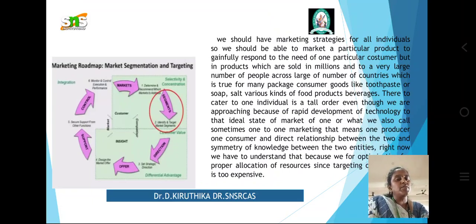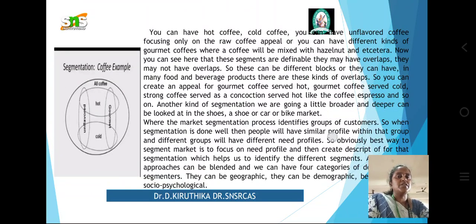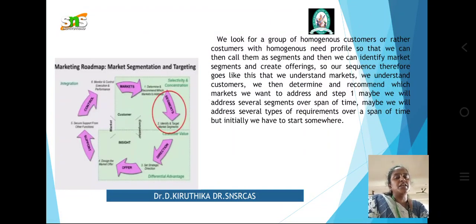Even for one target customer, we must reach them with a proper strategy, otherwise the allocation of resources becomes too expensive. So a proper study before we enter, giving a roadmap of what we are going to do, is most important.